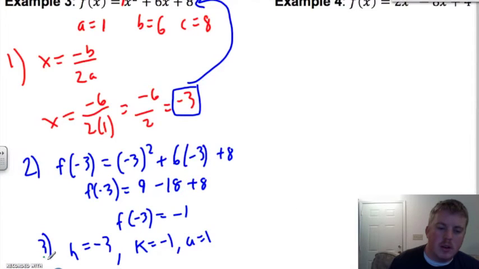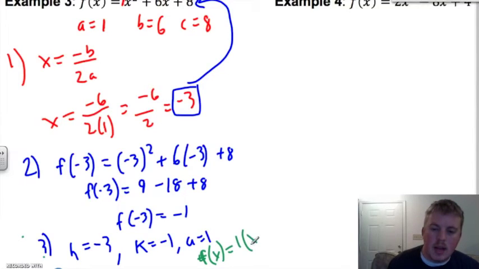Let's see if I can figure out some space to do this. So we would have f of x equals, our a was 1, times x minus h. Now it is minus h. Our h is negative. If we have a minus a negative 3, that's going to become a positive.